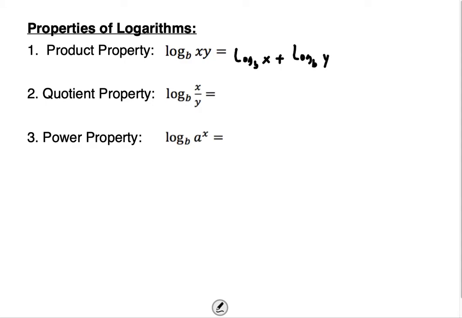The quotient property says log base b of x divided by y becomes log base b of x minus log base b of y.